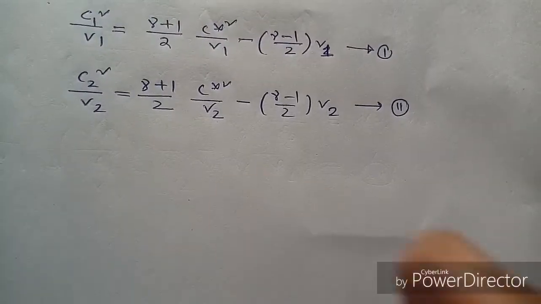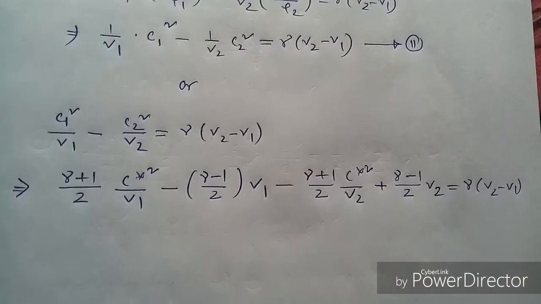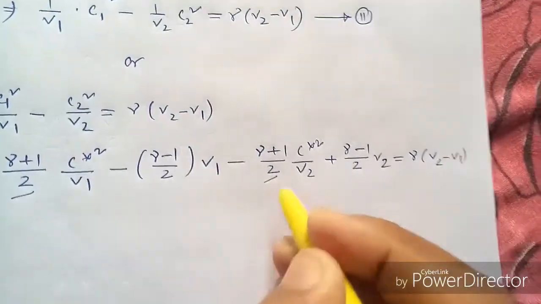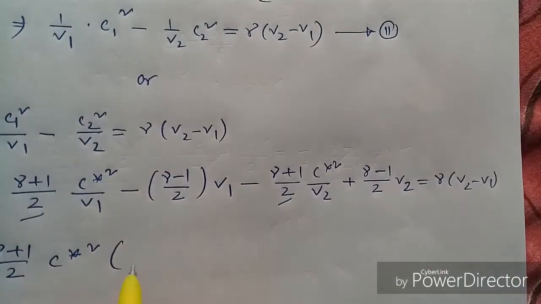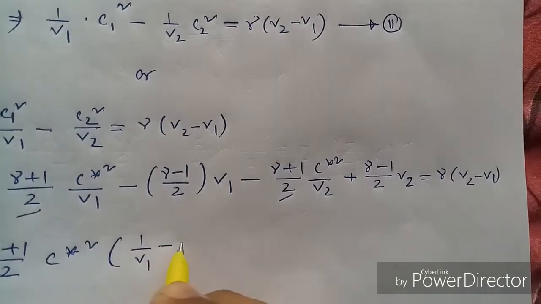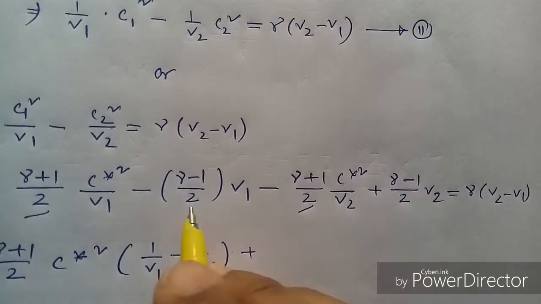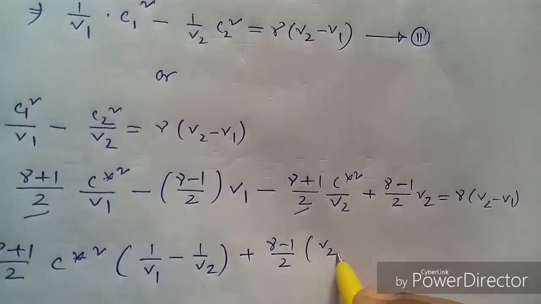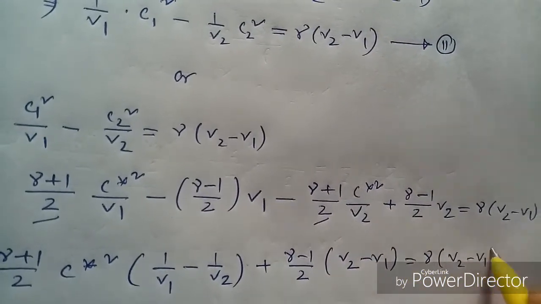Now you have determined this value. You can check out here. Now put this value in this equation. After putting this value, you can take common (gamma plus 1) by 2 c star squared (1 by v1 minus 1 by v2), and here plus you can take common (gamma minus 1) by 2, so here you have v2 minus v1, that is gamma (v2 minus v1).